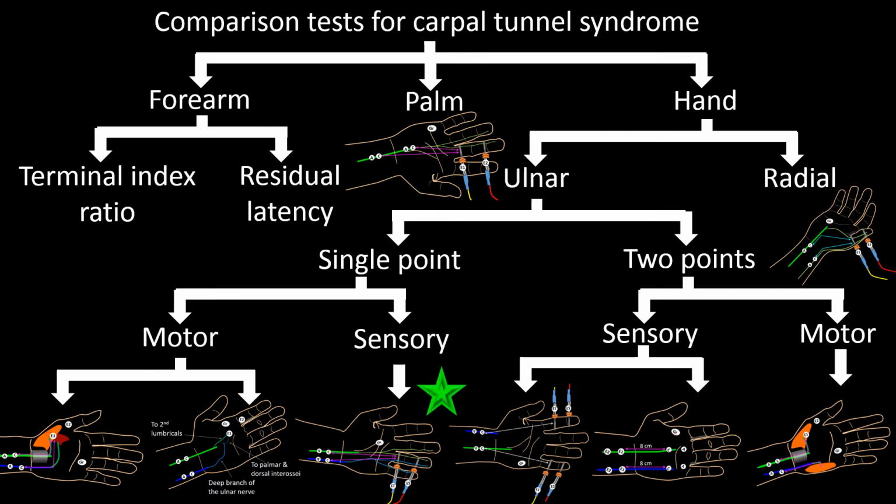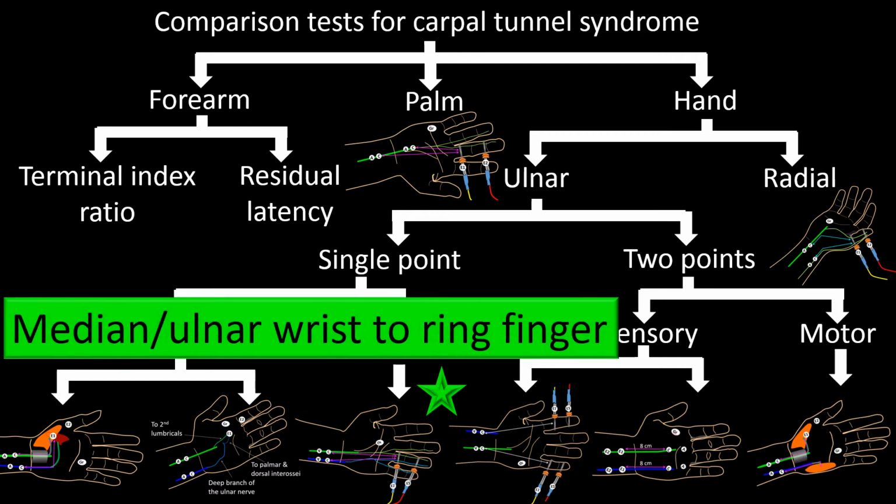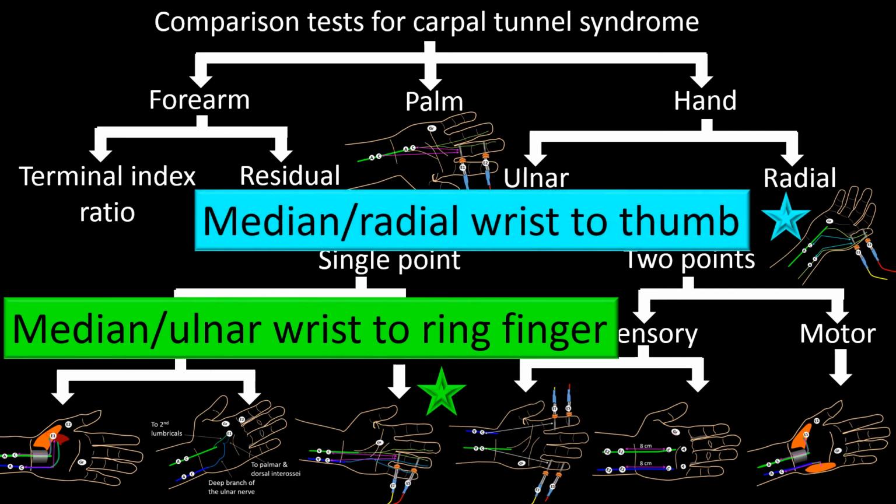One of the tests used to calculate the combined sensory index is median ulnar wrist to ring finger comparison test. The second one is median radial wrist to thumb test. As you can see, in both of these tests, 1 point recording is being done.